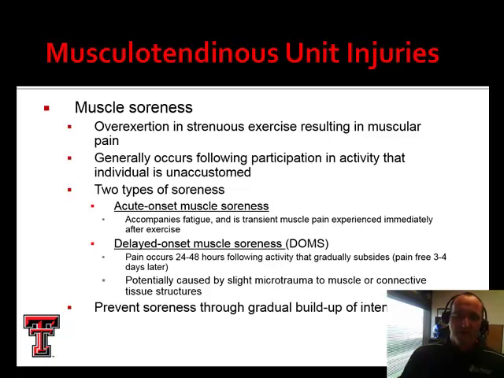Usually pain-free 3 or 4 days later. Today's Friday, I trained pretty heavily on Monday and Tuesday, and I could barely walk on Wednesday and Thursday, but today I'm feeling better. That's classic textbook delayed onset muscle soreness. What probably happened there is while we were training, we induced microtrauma, and that's not necessarily a bad thing, provided we give our body a chance to rebuild those structures that were traumatized.